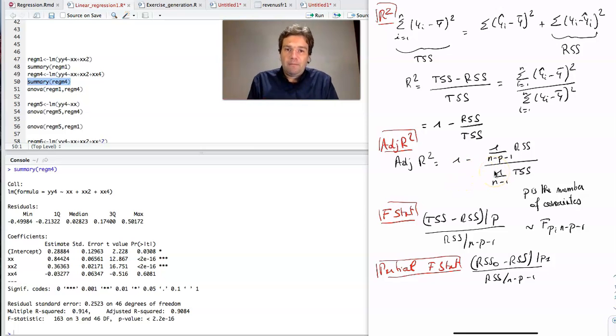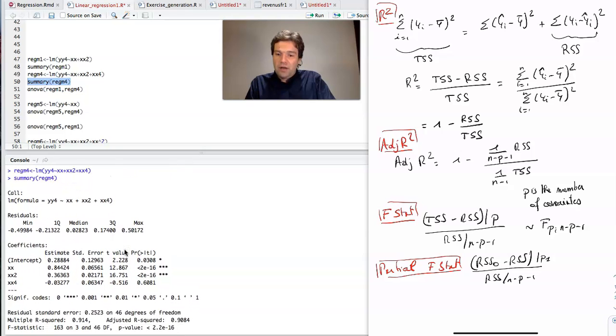That means that when you insert too many covariates in a model, there is a moment where your adjusted R square is going to decrease. This is not the case for the R square.